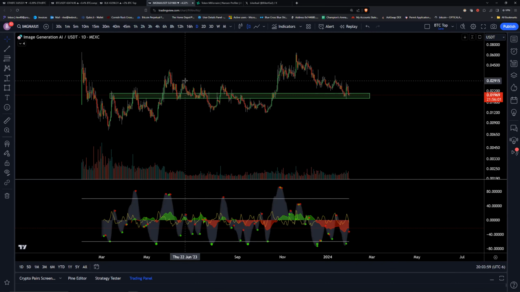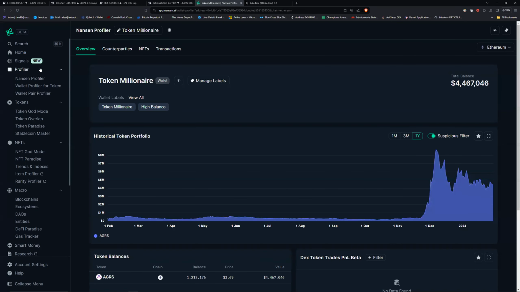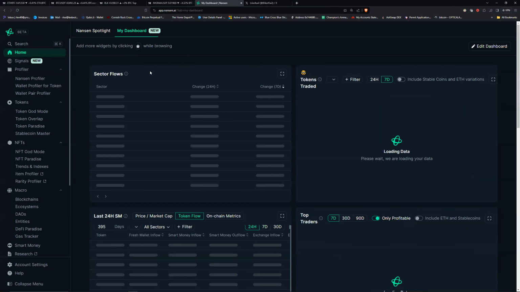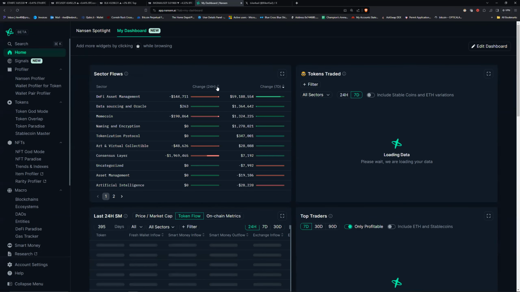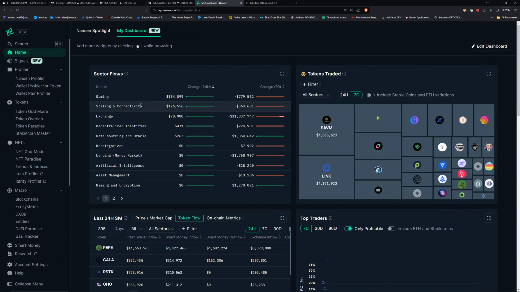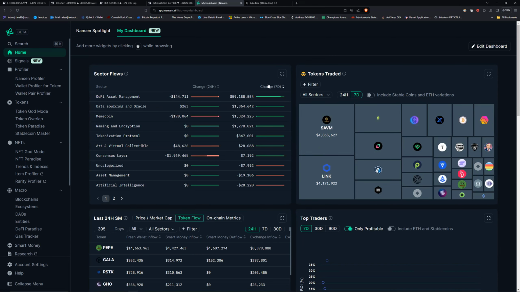Okay, what else do I want to talk about? We'll just look at a few things here to wrap up. I had forgotten to show this last time as well and almost did again. So here's the dashboard. Currently, looking at the last 24 hours, gaming has gotten a lot of money coming through. Might have to look at the 7 day here.